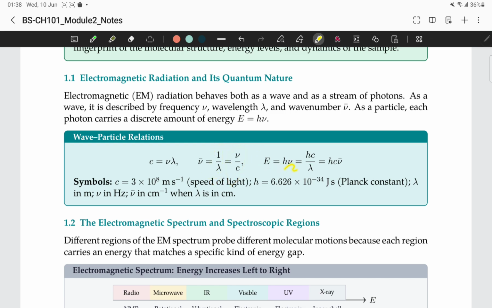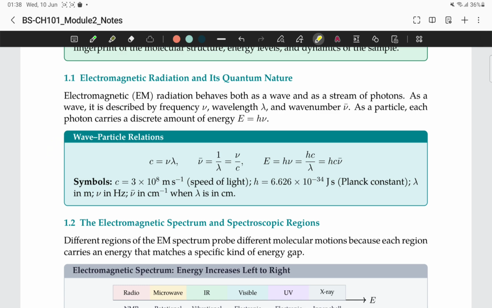And E is equal to h nu, which is hc by lambda, which is hc nu bar. So here you can see completely how they are correlated to each other. This is a very important equation. I'm marking this as important. Go through it once.